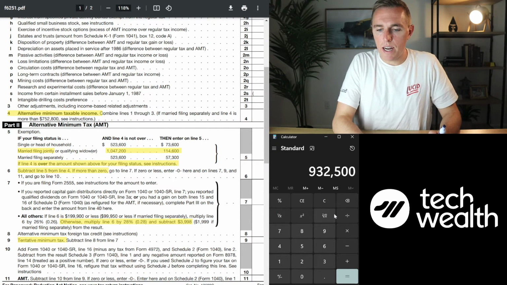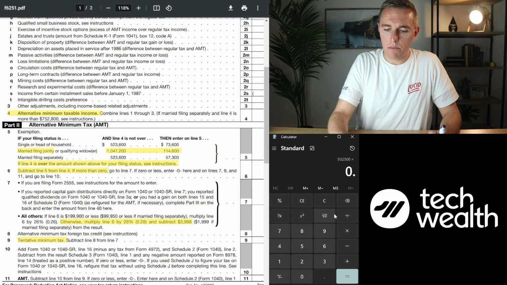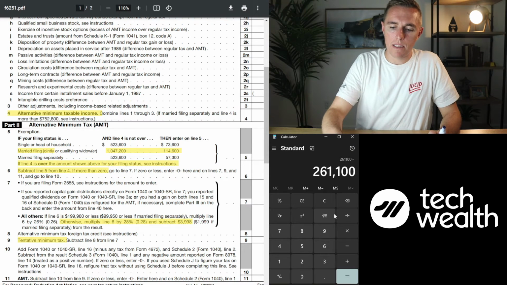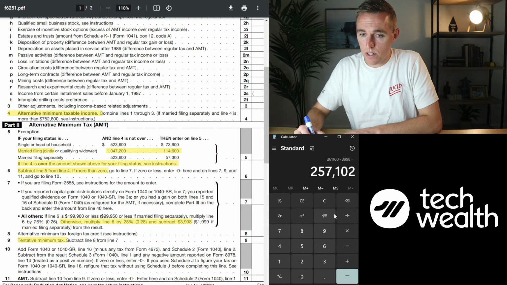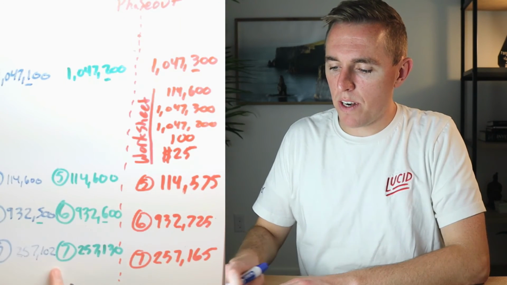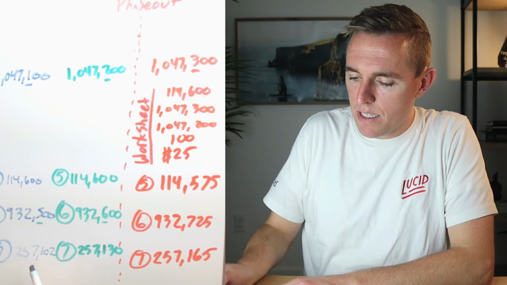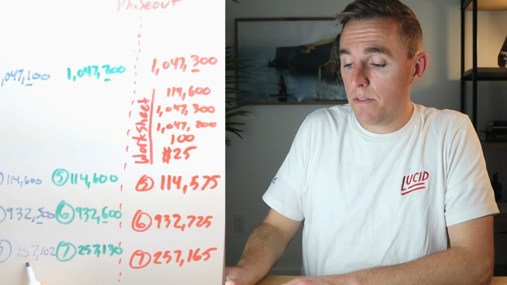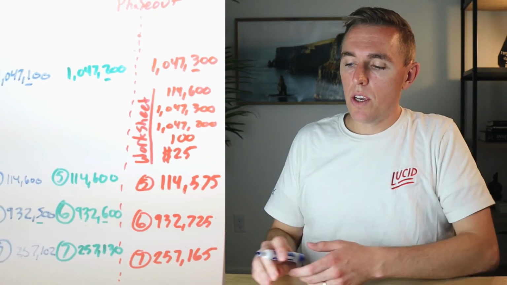Got this number, and I'm going to times it by 0.28 equals minus the 3,998, and you get 257,102. Oh man, my marker's not showing that well. So we've got all of our numbers figured out. I'll just read this again because it's kind of hard to see. 257,102.